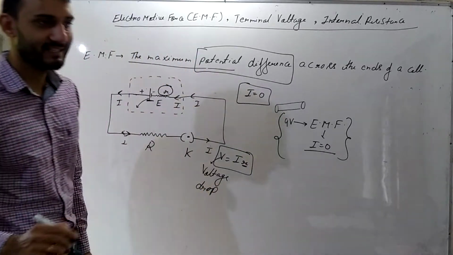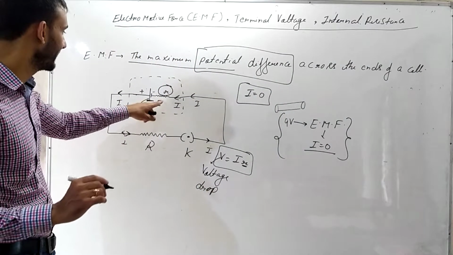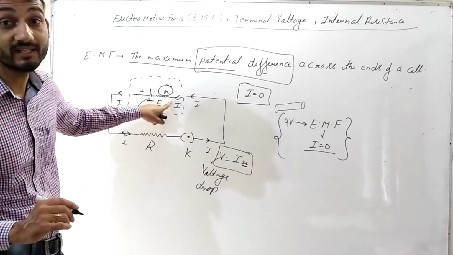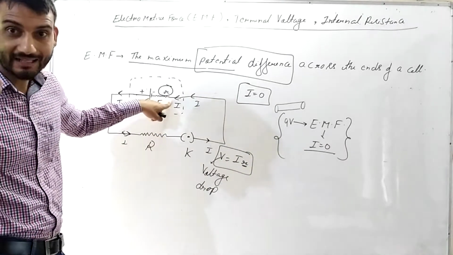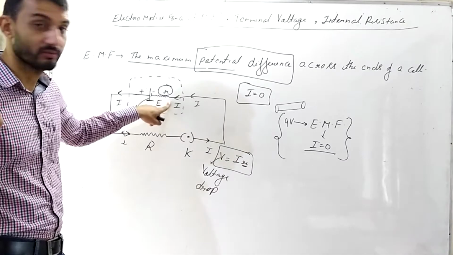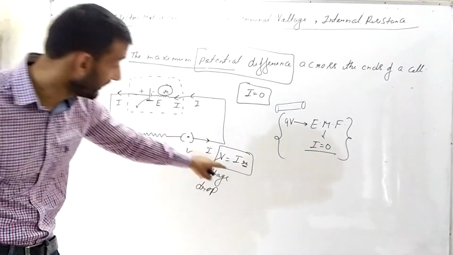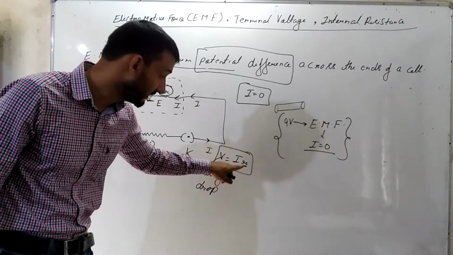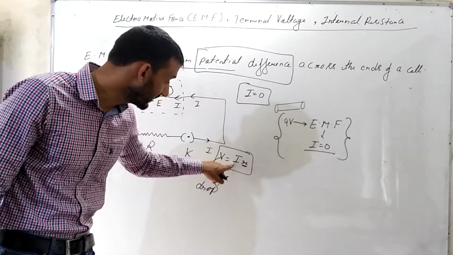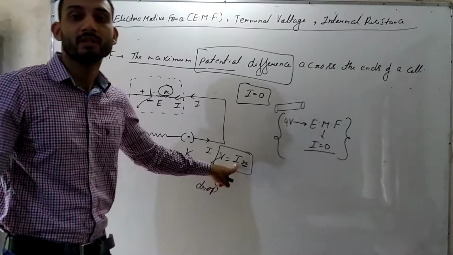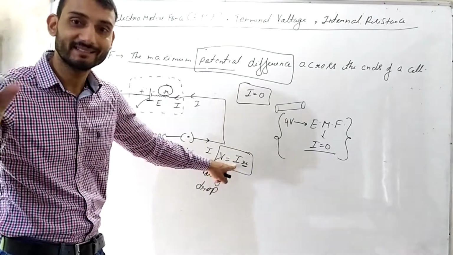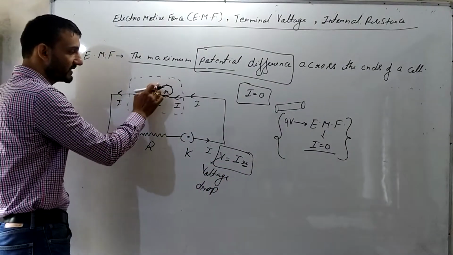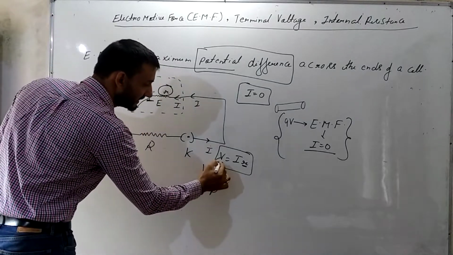Voltage drop is nothing but the voltage taken out by this resistance. Why does this resistance take voltage? Because it has resistance r and a current I is passing through it. According to Ohm's law, whenever a current I passes through a resistance r, the voltage taken out by this r is v.